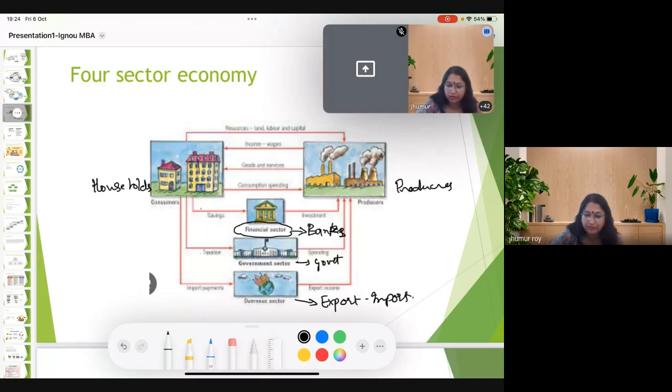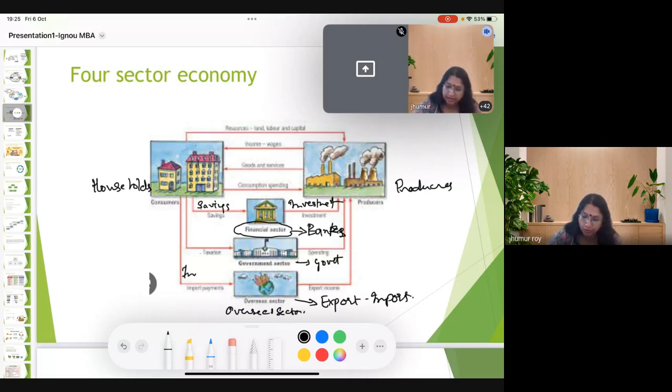Here you have savings and investments. What does the government sector do? It provides goods and services, but it also takes taxes. What does the export, import, or overseas sector do? We call this the overseas sector. So what does the overseas sector do?